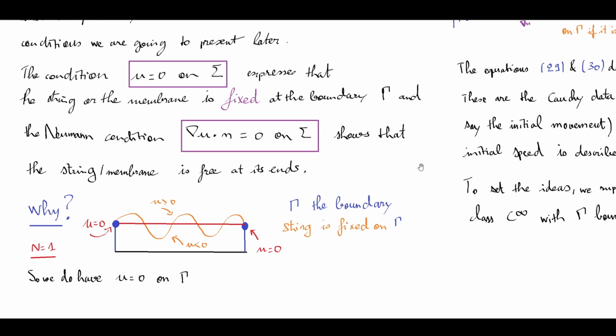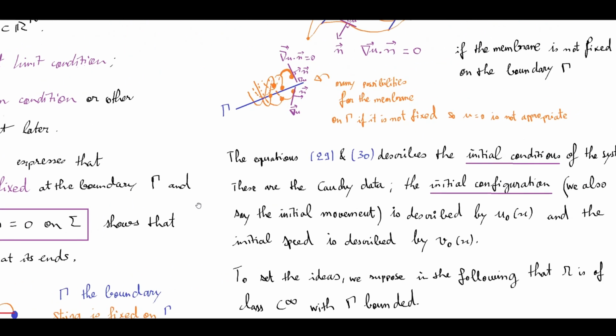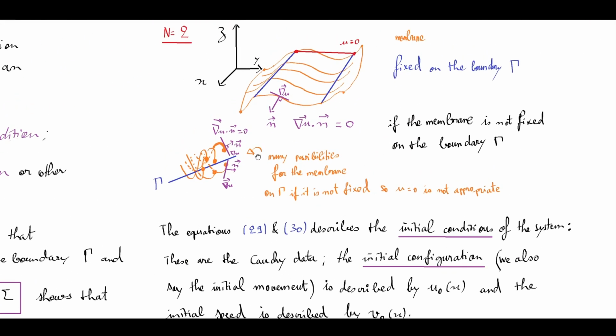Now let's see another example when n equals 2. When n equals 2, we have a membrane surface, a 3D surface. Our membrane can be fixed on the boundary gamma in blue.